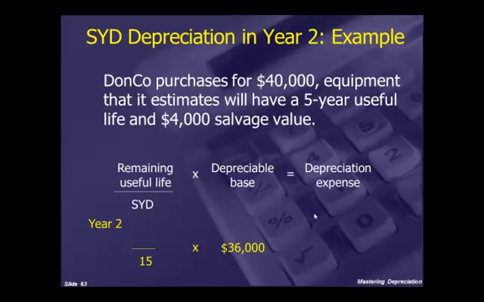Year 2, the numerator, the top number, is going to decrease. We started with 5 over 15. Year 2 is 4 over 15 times 36,000, and that gives a smaller depreciation expense of 9,600. Year 3 would be 3/15. Year 4 would be 2/15. Year 5 would be 1/15.